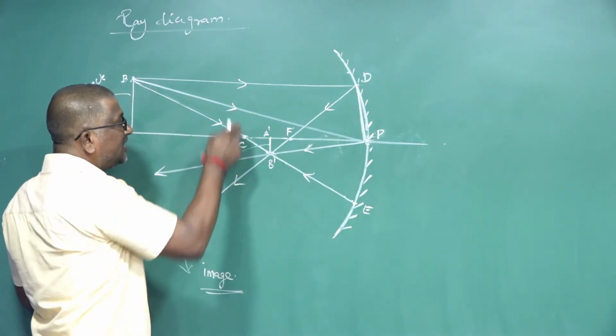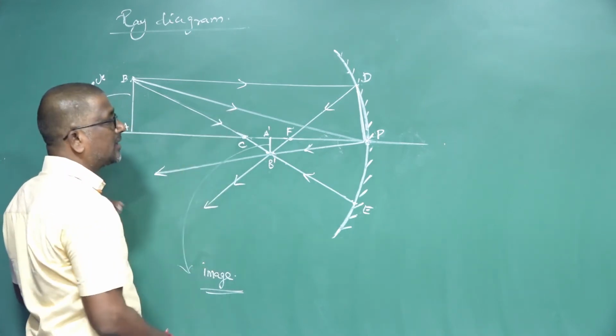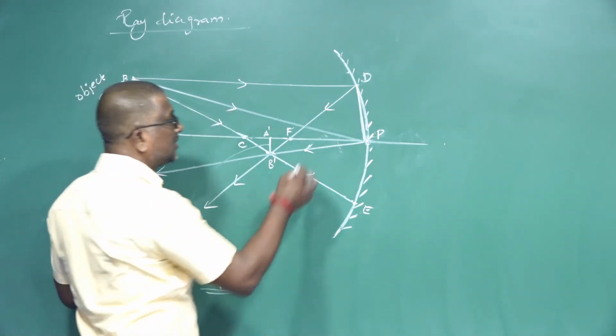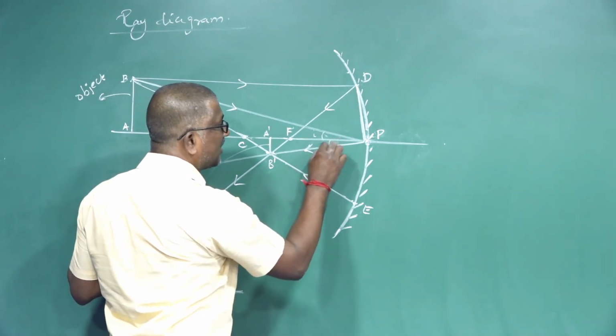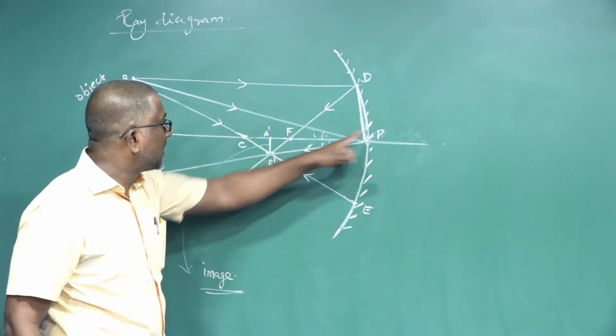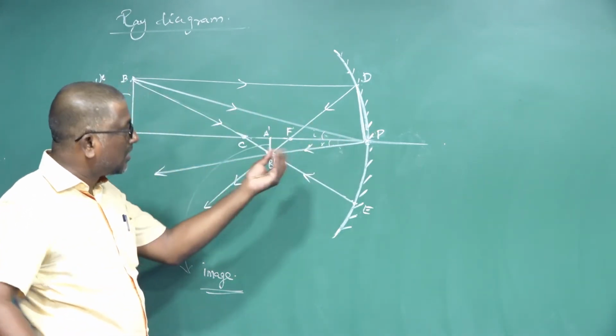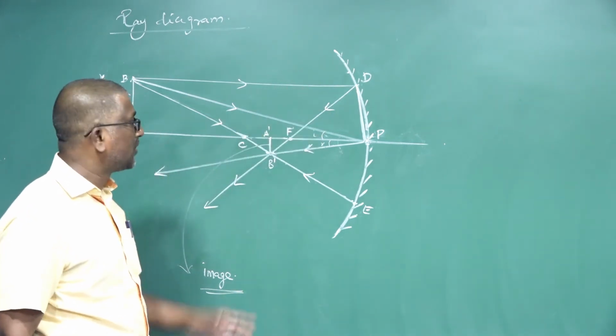For the incident ray BP and the reflected ray PB dash, according to the laws of reflection, this is the angle of incidence and this is the angle of reflection.